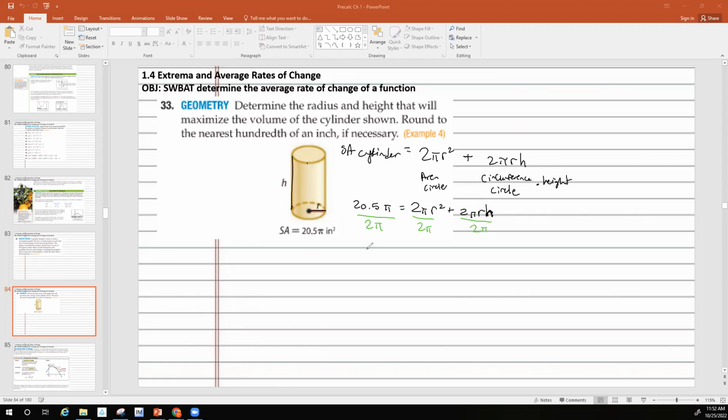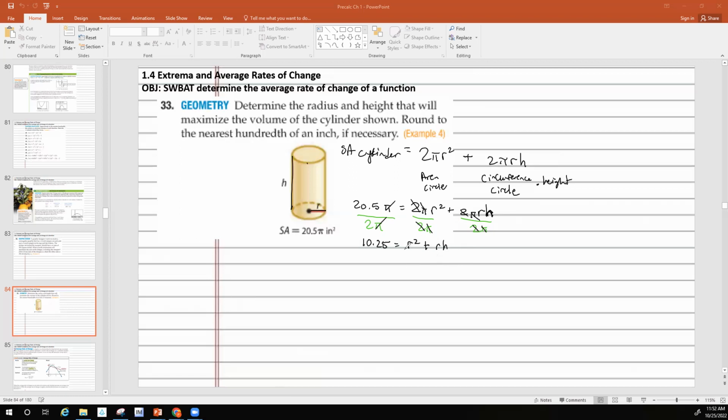No, you don't need to. But 20.5 divided by 2 is going to give us 10.25. And then the pi's cancel out. So what are we left with? 10.25 equals r squared plus r times h. Ooh, that looks much nicer, doesn't it?